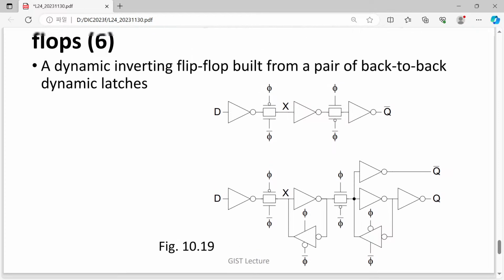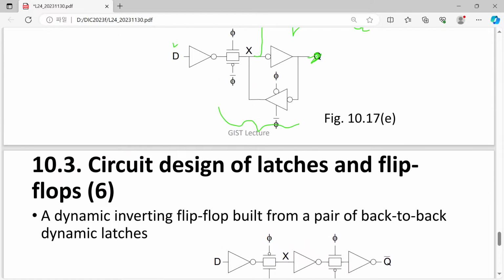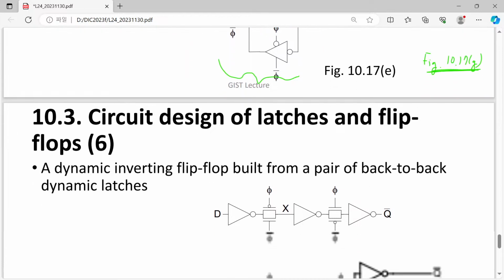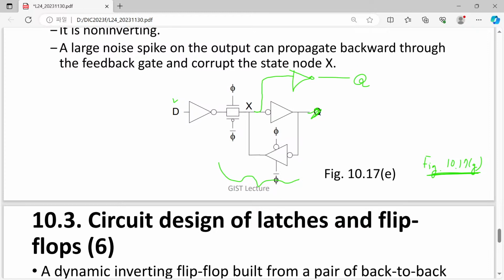Here we have another figure, figure 10 maybe, if I remember correctly, something like Z. But the point is, we do not use this signal as an output, because if we use it as an output signal, then output noise can enter our X node.